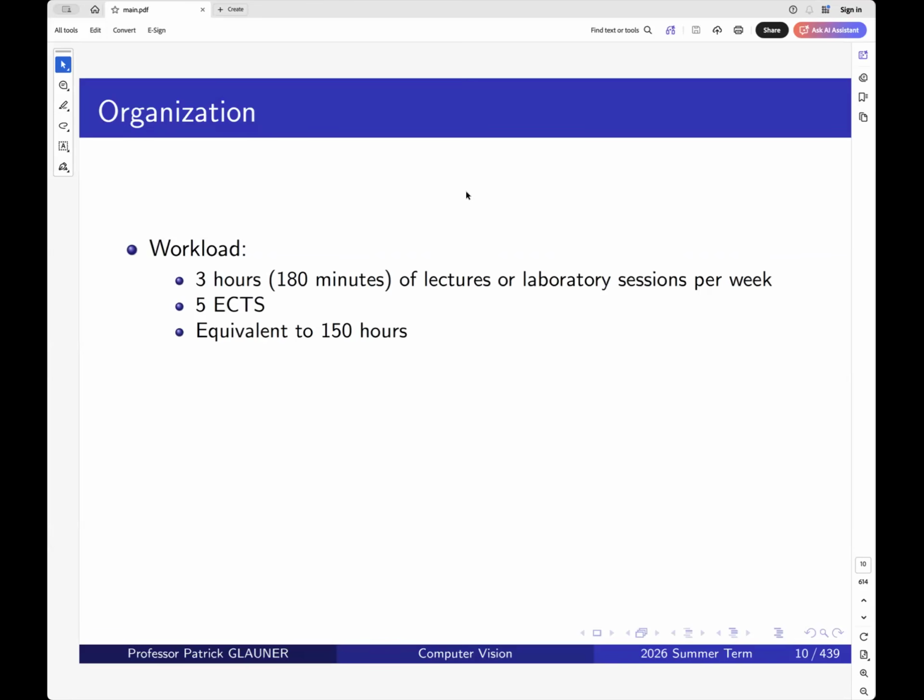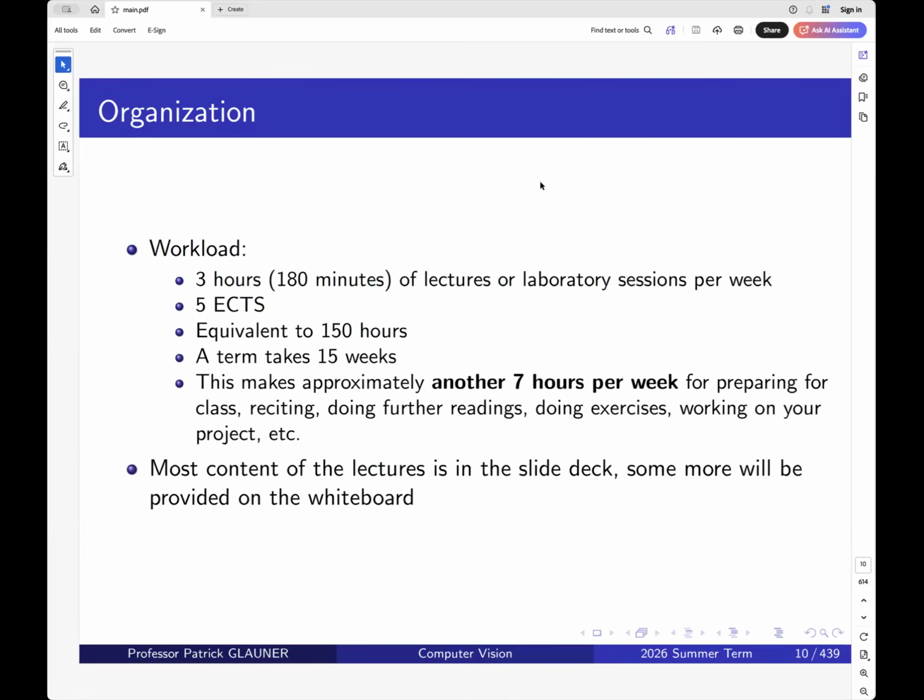And since we have 5 credit points, that means the expected workload of that course for a single student is 150 hours during the term. Now, a term is approximately 15 weeks. That means the workload for this course is far more than just sitting in a lecture. It's actually about 10 hours of workload in total, so another 7 hours per week.